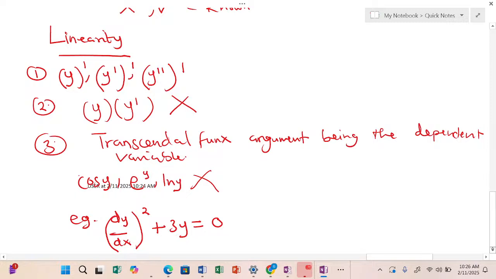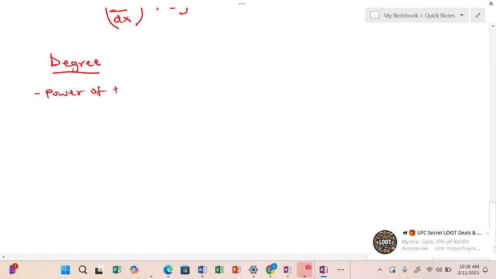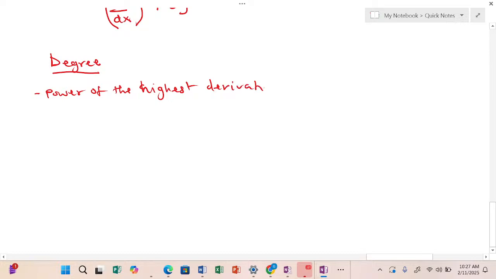Also, we can group differential equations in terms of the degree. So, degree: classifying differential equations in terms of the degree. The degree here talks about the power of the highest derivative.